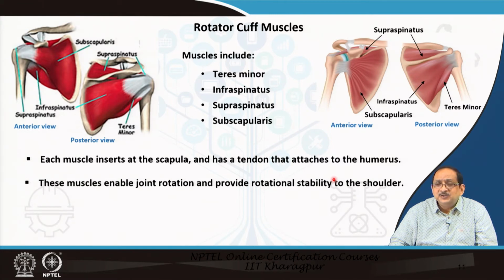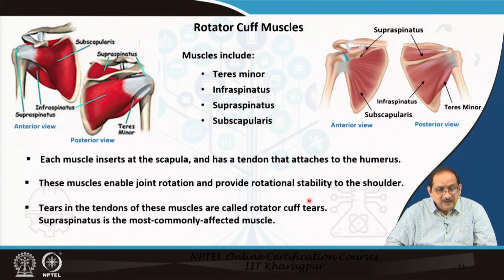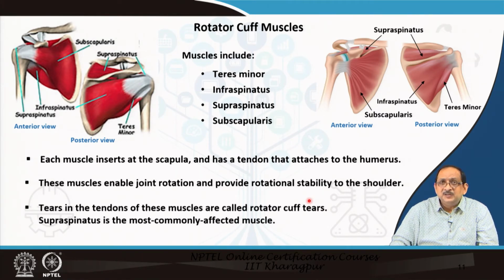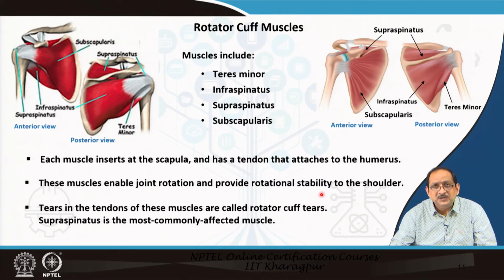These muscles enable the joint rotation and provide rotational stability to the shoulder. Tears in the tendons of these muscles are called rotator cuff tears. Within this group of muscles, supraspinatus is the most commonly affected muscle.